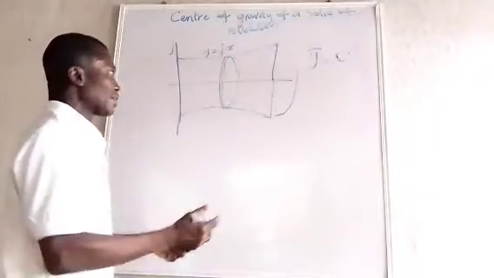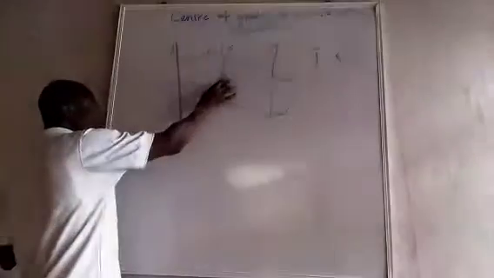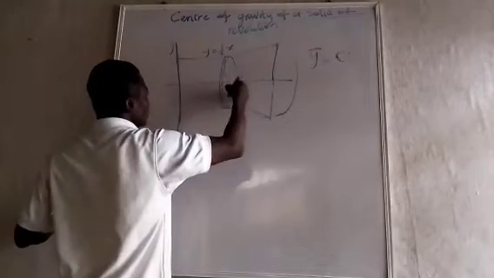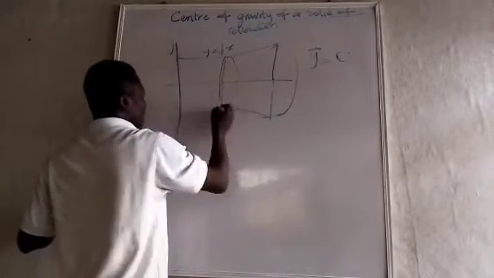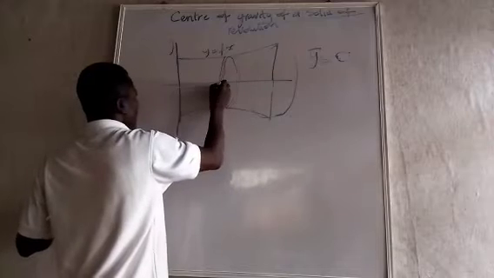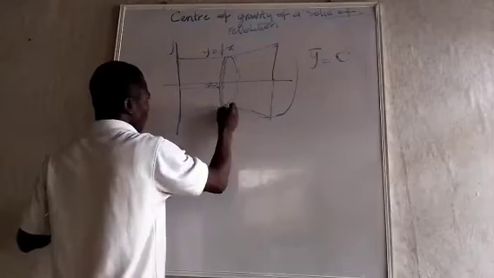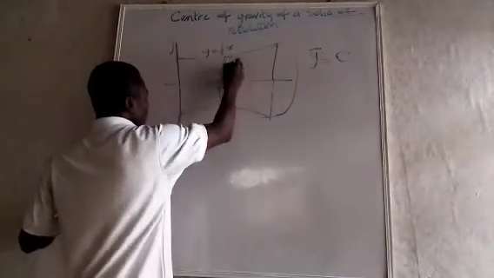By the time you look at it, you realize the volume of this part, let's say this is x, this place is delta x, and this is y.